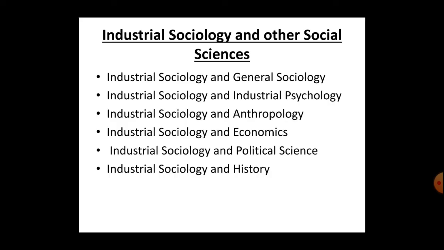Now, industrial sociology and other social sciences. Sociology is one of a group of social sciences which also includes anthropology, economics, political science, and history. The divisions among the various social sciences are not clear cut and all share a certain range of common interests, concepts, and methods.